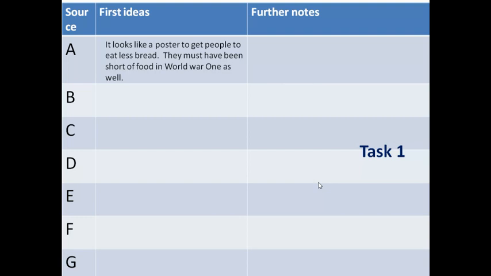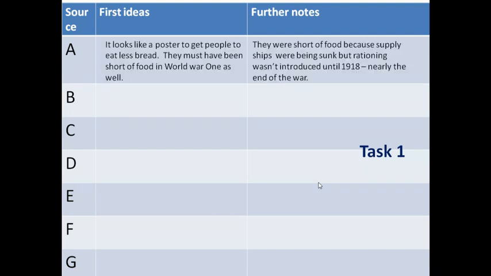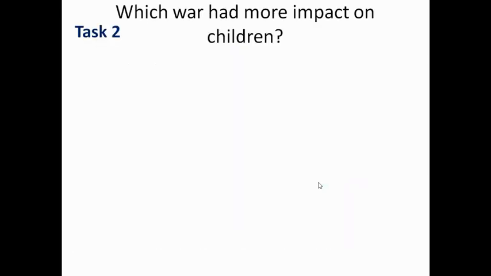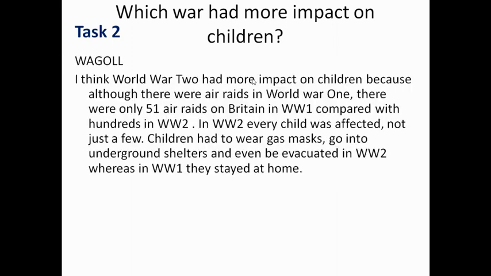So the second task for today is for you to write a little bit about which one you think was more serious, World War One or World War Two, in terms of the impact on children. The first paragraph is going to be your opinion. You're going to say, I think, such and such, because. You have to give me some reasons for your opinion. Here's an example I've done.